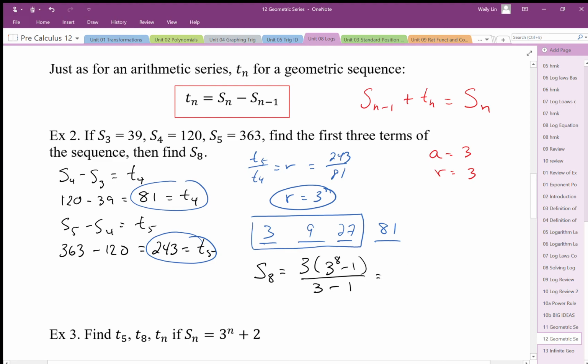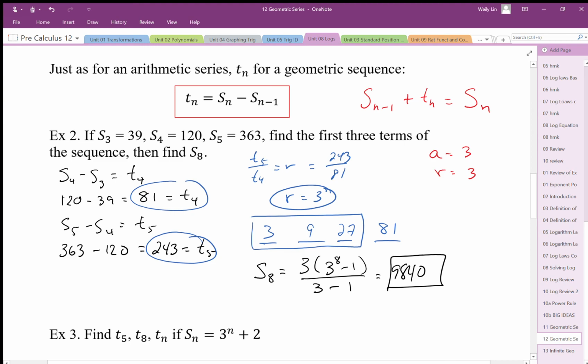So what's that going to be? 3 times 3 to the power 8 minus 1, divided by 2. So I get 9840 as my sum. That's going to be S8.